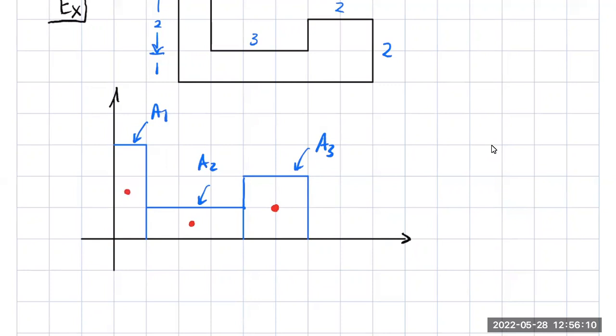Now, according to my XY coordinate system, I need the ordered pairs, the coordinates for each one of those 3 dots. Well, okay, we get that. This right here should be this.